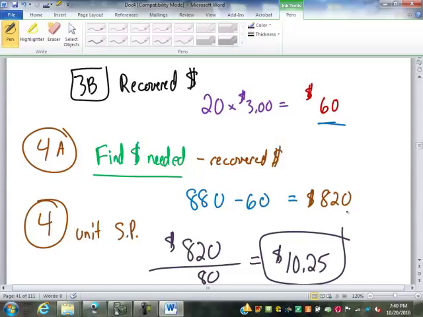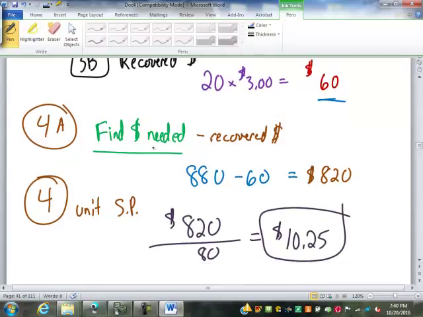Now I could complicate this further and say, okay, our initial price is going to be higher because we're going to assume that we're going to sell half of them at a higher rate, then mark them down 20% and sell another half of them at a lower rate. I don't hate you guys that much, so we're not going to do that in here right now. This is as far as we're going to take it.